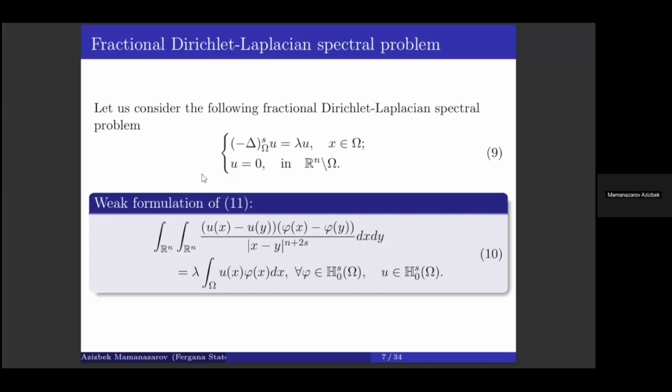We use the following Dirichlet Laplacian spectral problem and its properties. This is an eigenvalue problem. The weak formulation of 9 can be represented by formula 10.